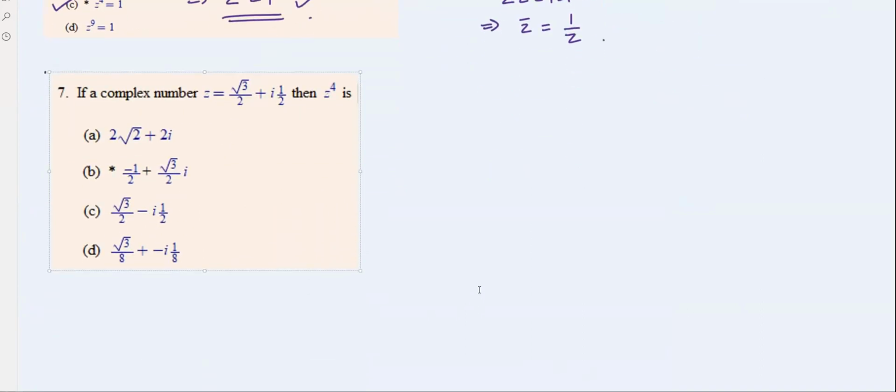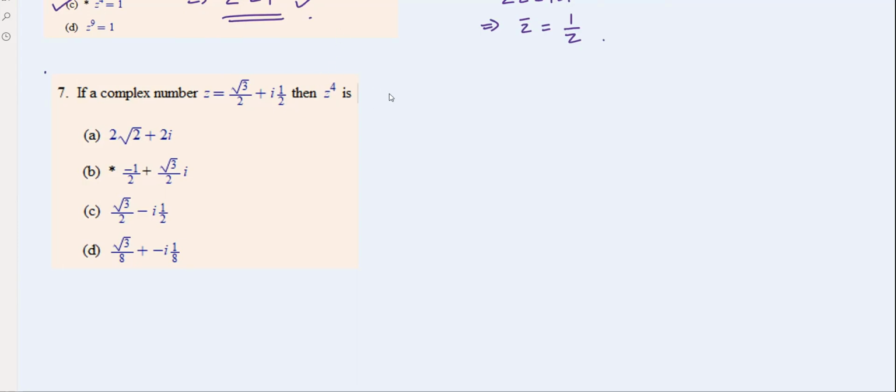Now this is an easy question, but it's a matter of how fast we can do it. So now 4 times you have to do. If you keep multiplying you can get it, but it will become difficult.